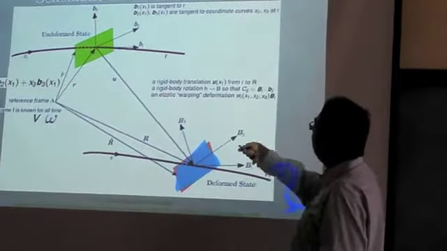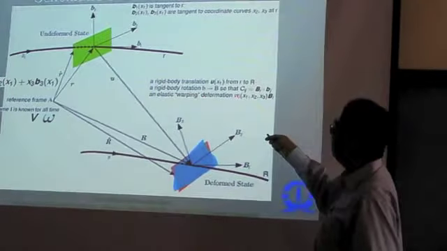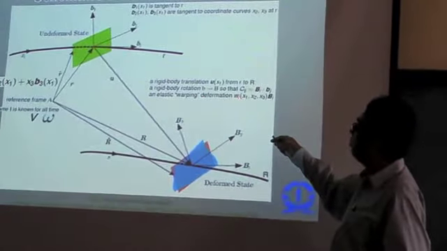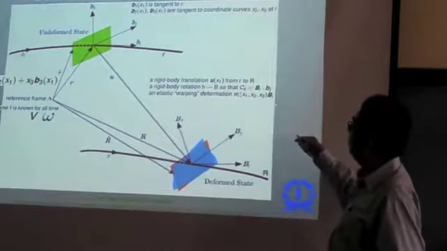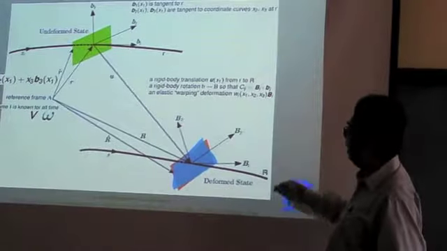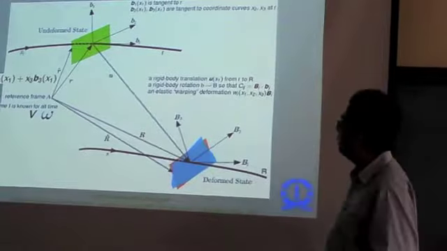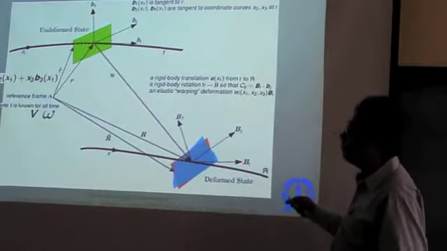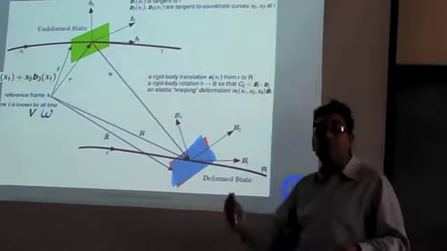The difference between the blue and the orange is the elastic warping deformation, a three-dimensional field. It has components W1, W2 and W3, generically referred to as Wi, along the corresponding unit vectors big Bi. So W1 is along B1, and W2 and W3 are along B2 and B3 respectively. W1 is what you typically see in a lot of textbooks on torsion.